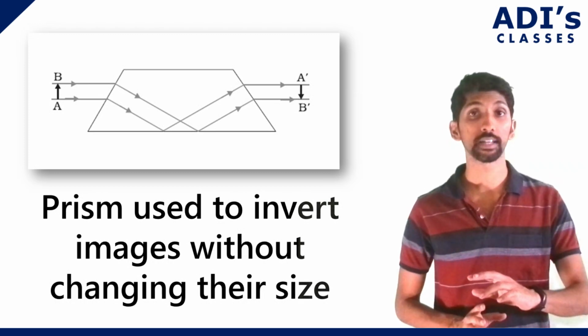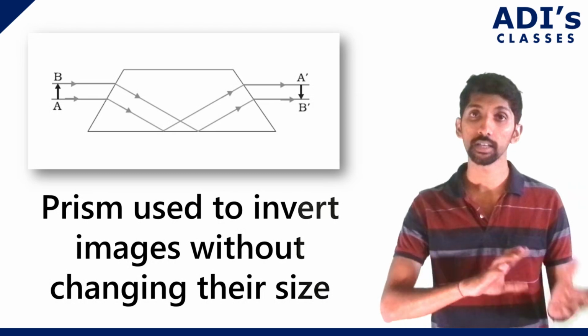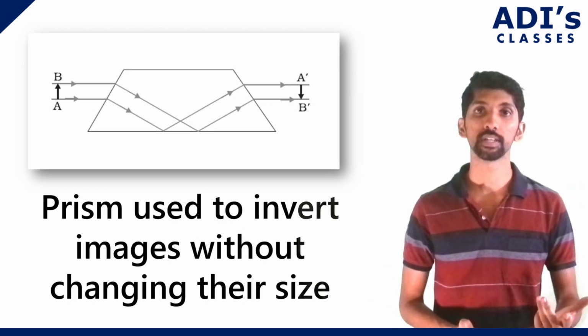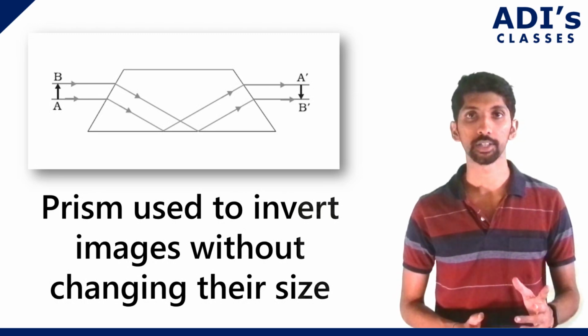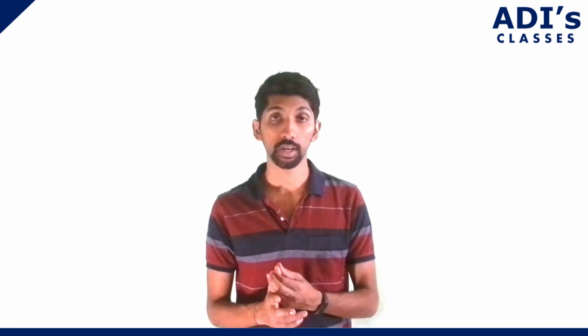Here, the top becomes the bottom and the bottom becomes the top, correct? So here also there is a 180 degree shift, but in the position of the image, not in the direction of light. So these are all practical applications of TIR in prisms, only in prisms.